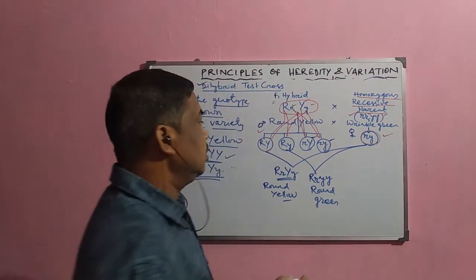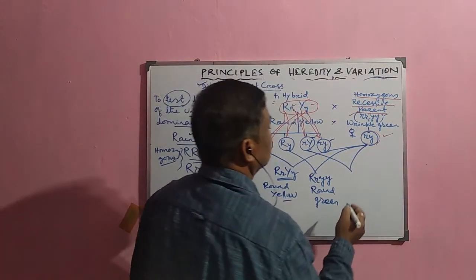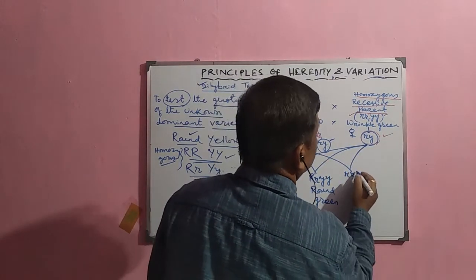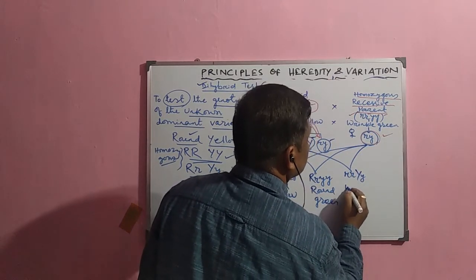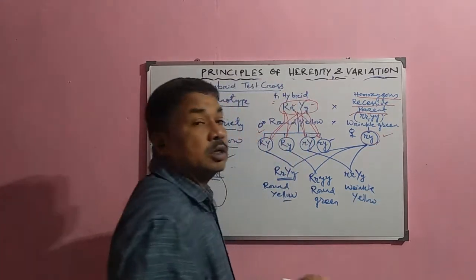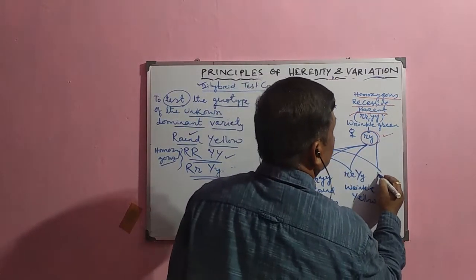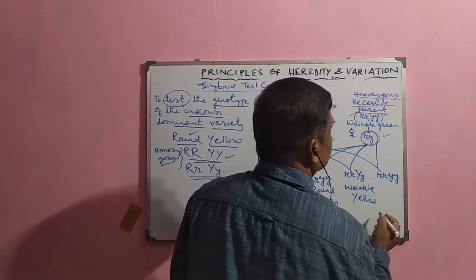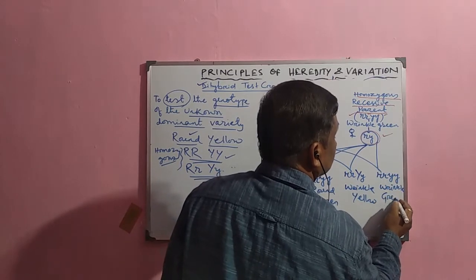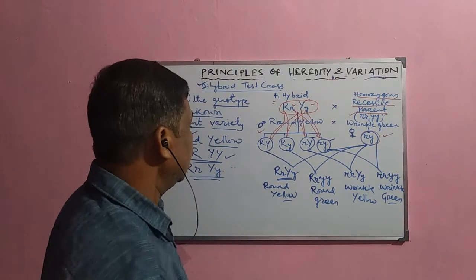Now when the third pollen, small r capital Y, fuses with the small r small y egg, it is small r small r, capital Y small y, then it is wrinkled and yellow type. And lastly, the fourth type of pollen, small r small y, when fused with another small r small y egg cell, then it is wrinkled green type.